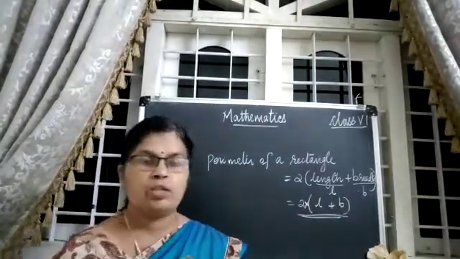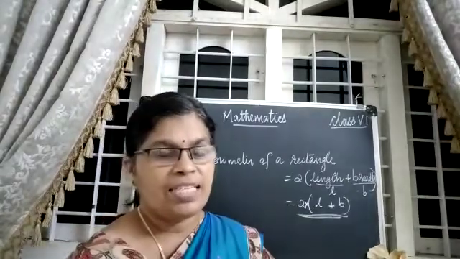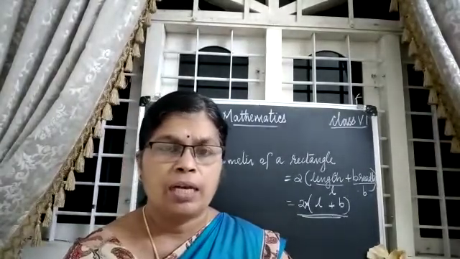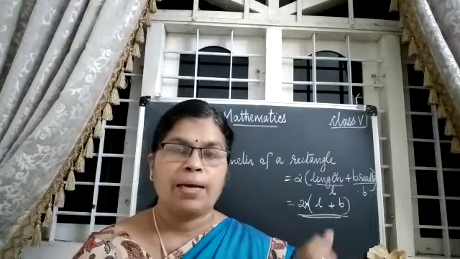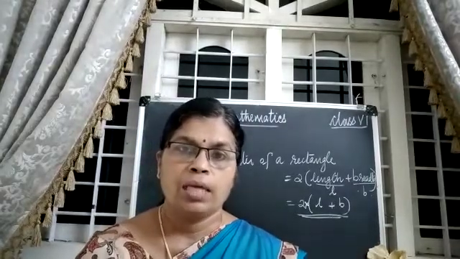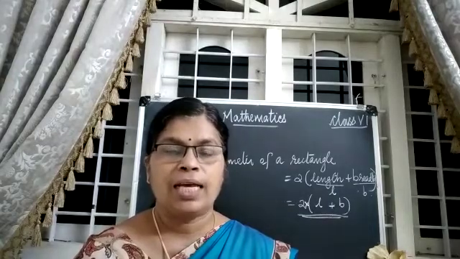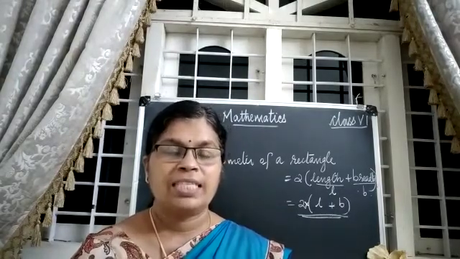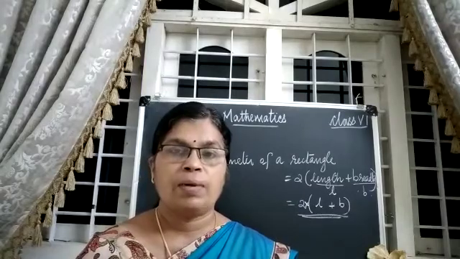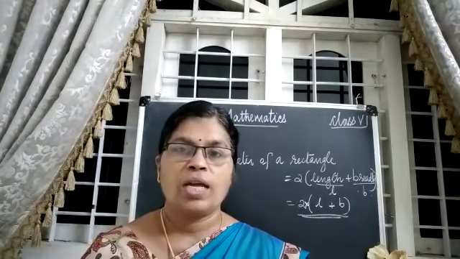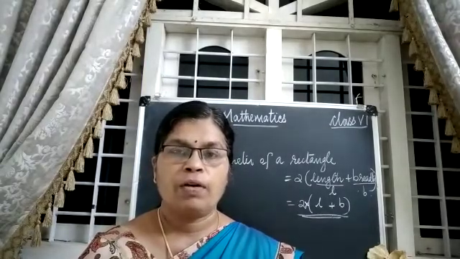So everything together we can call an algebraic expression. The formula to find the perimeter of a rectangle, 2 into L plus B, is an example of an algebraic expression from the last chapter.